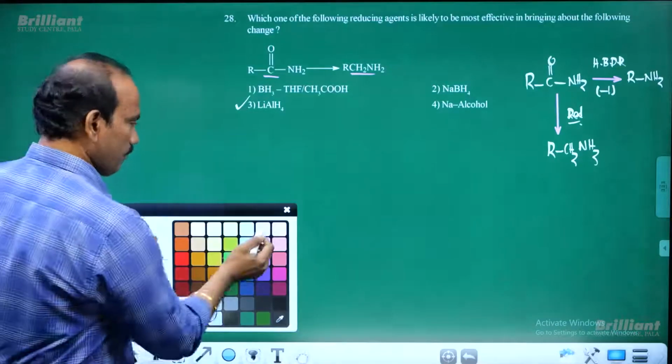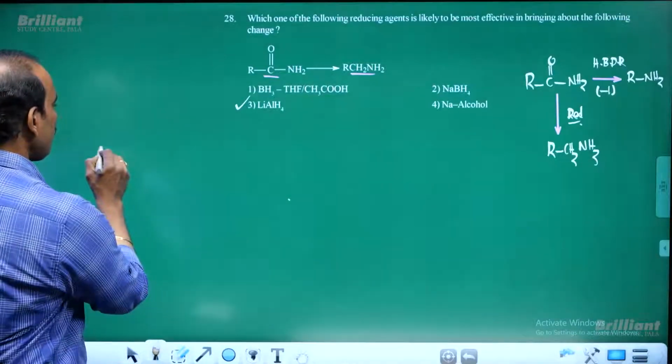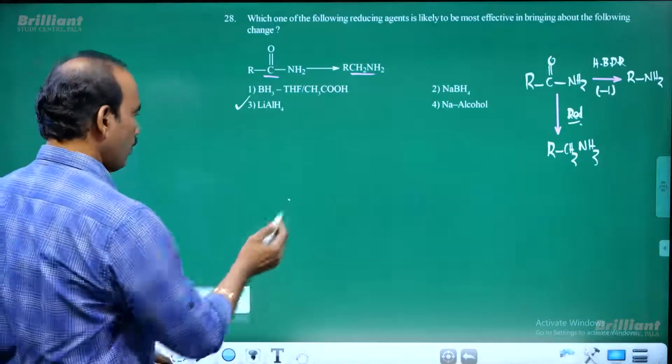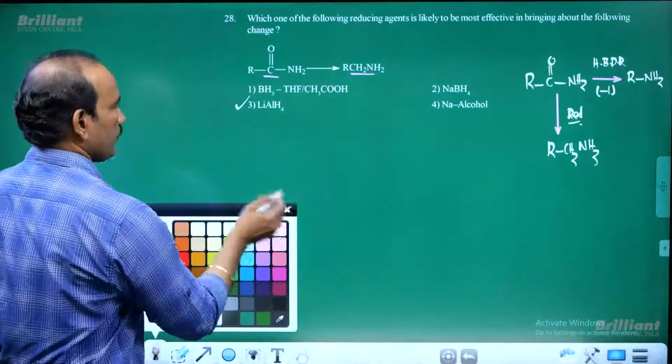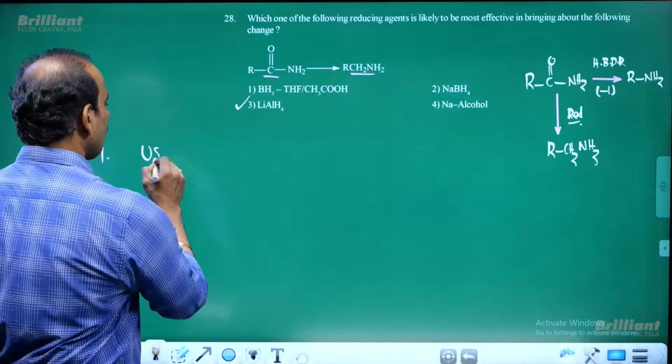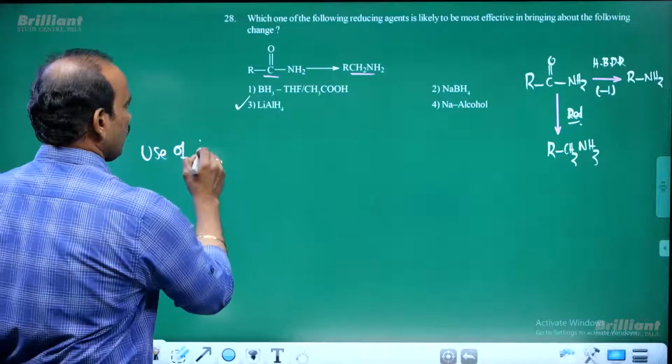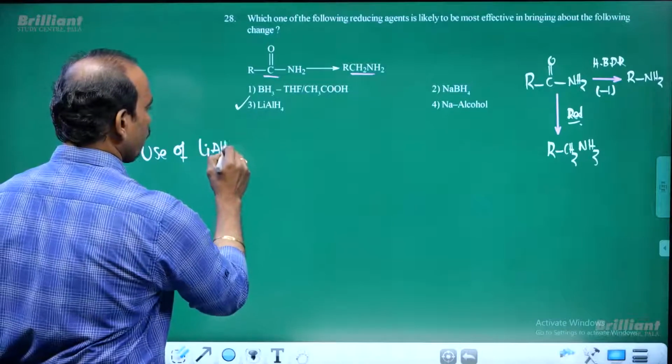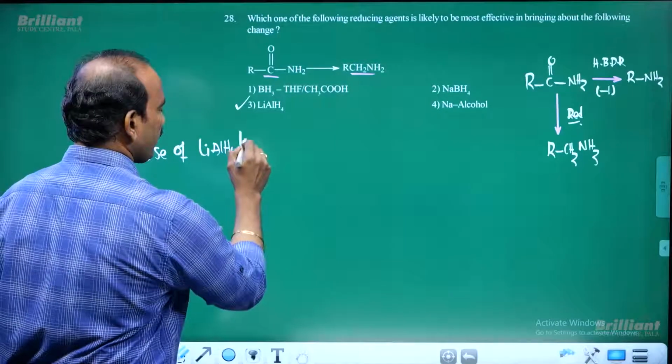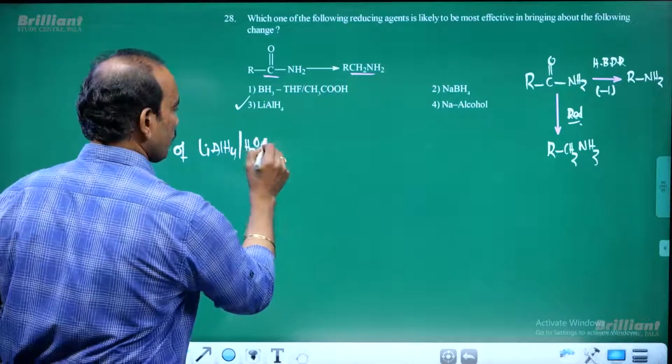Okay, I give the table. Make a note. 1. What is the use of LiAlH4 followed by hydrolysis? Okay, na?